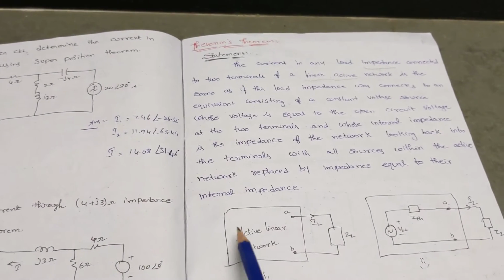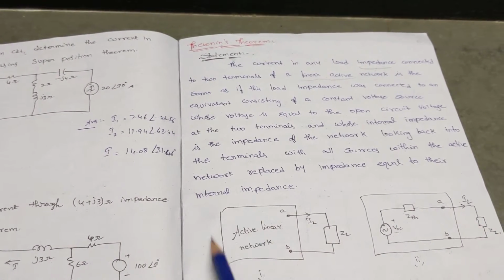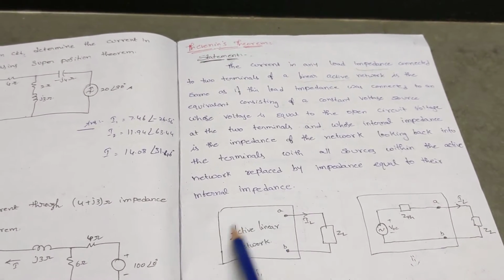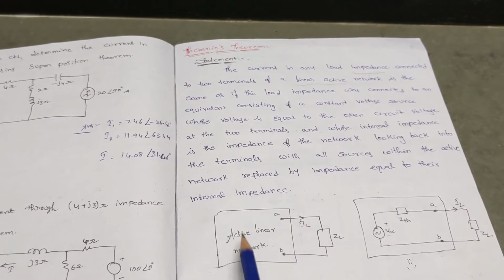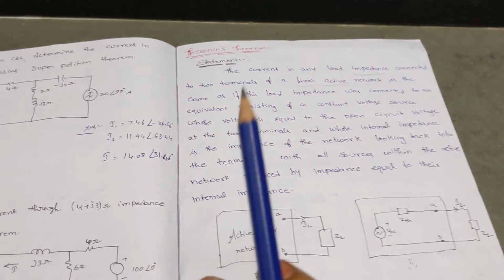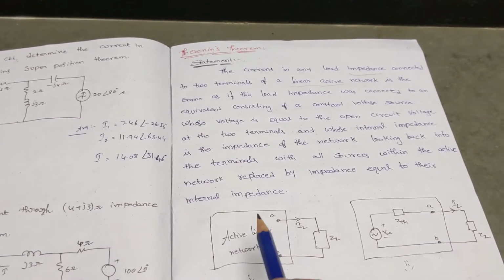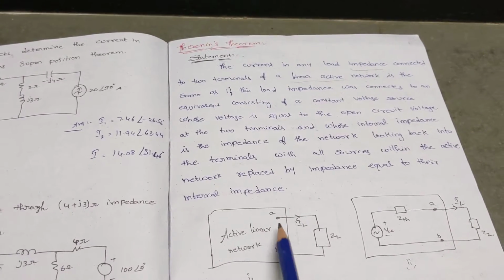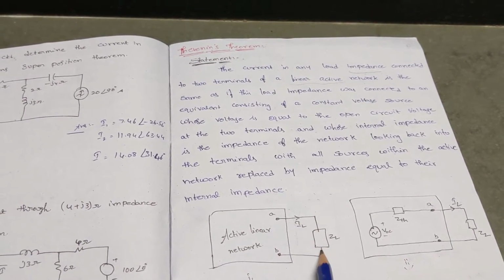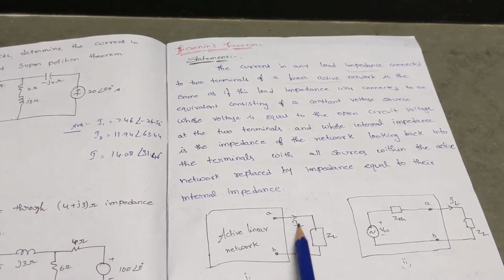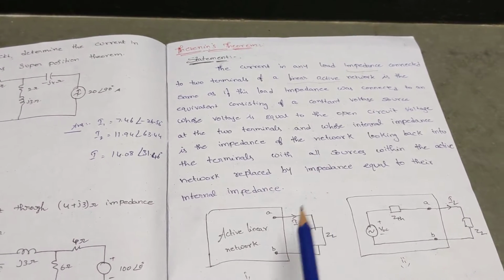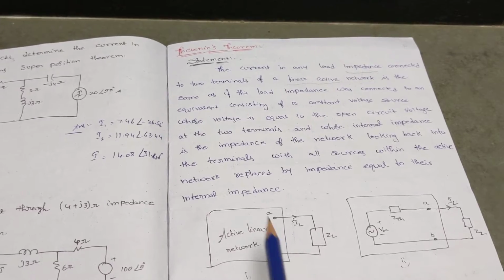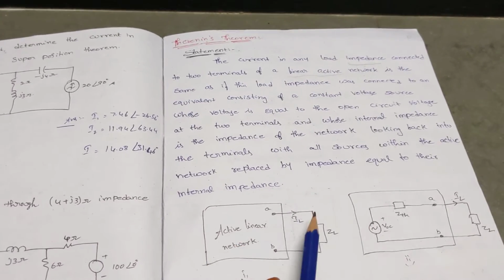In a few textbooks, this is also mentioned as a black box because we are not bothered about what elements are inside for the time being. Our interest is only what will be the current flowing through this load impedance.